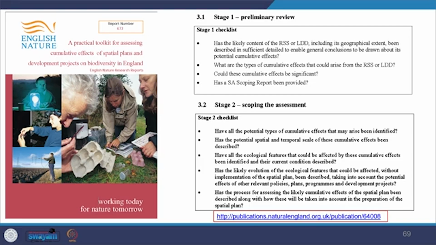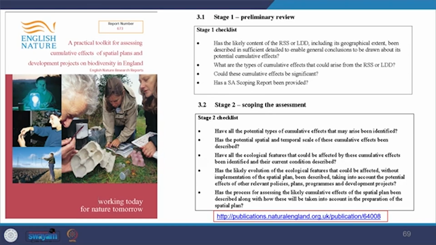So you see that scoping and baseline deals with finding out what the key effects are and what the key VECs are, and you will also notice that a lot of back and forth work has to be done. When you're preparing something for scoping, you need to define what cumulative effects means in your context.